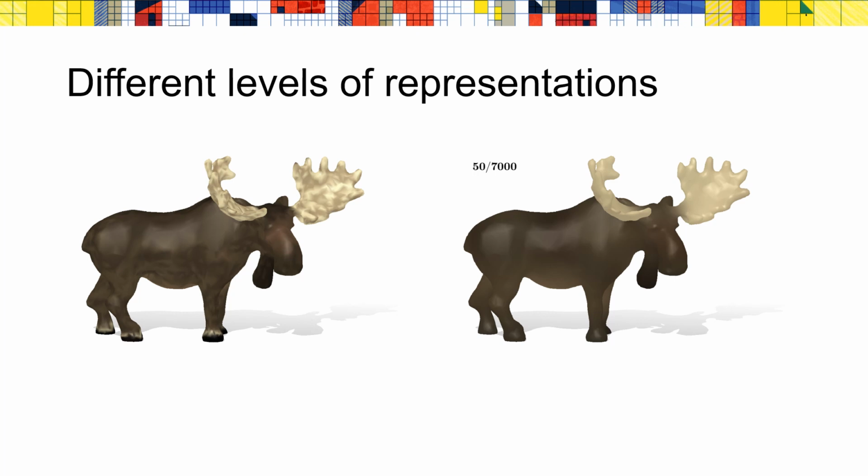I would like to highlight again that a lot of details are lost. So you can see around the legs of the mouse, all the high frequency details that are spread over the surface.